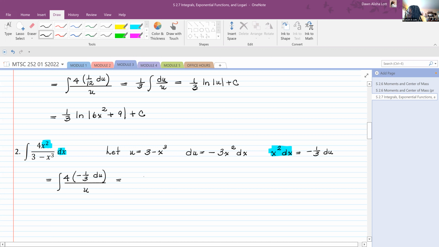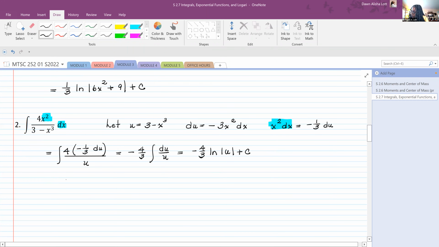So I get -4/3, the integral of du over u, same problem. -4/3 the natural log of the absolute value of u plus the constant. So what's my answer? -4/3 natural log absolute value of 3 minus x cubed plus a constant. Beautiful. Thank you, thank you.